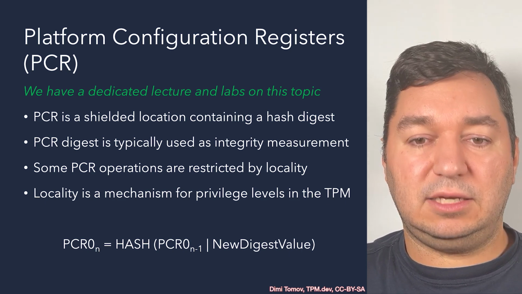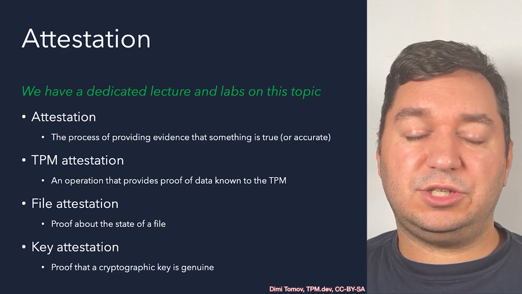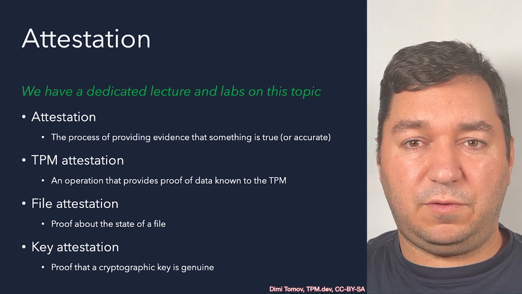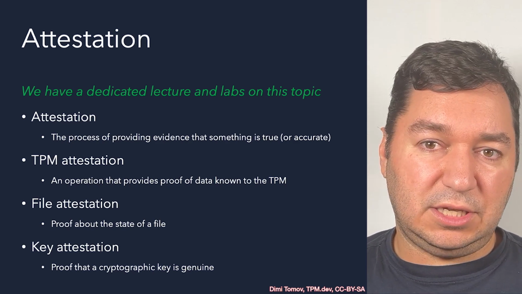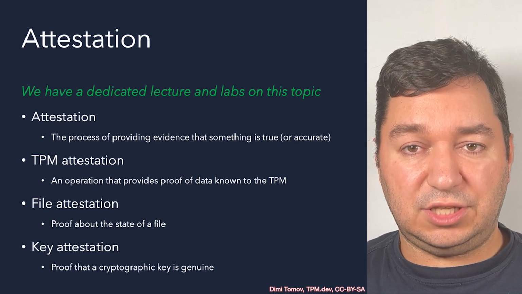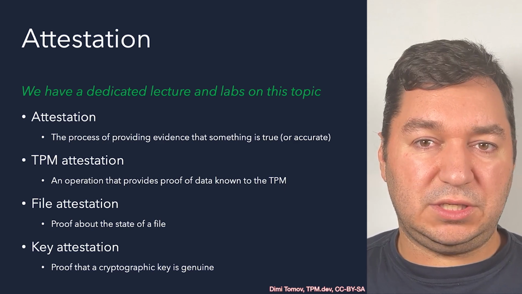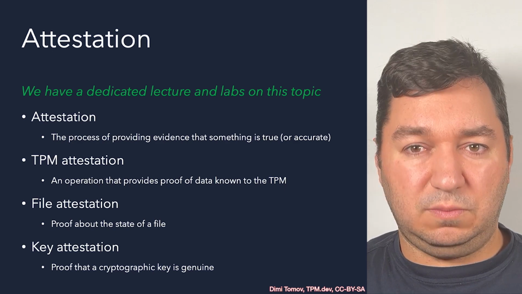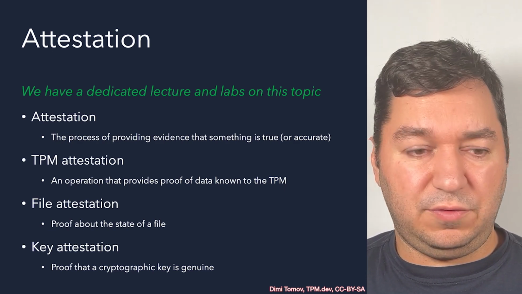Here I'm just outlining what's in store for us in this course. We'll talk about attestation in general, how it works, why it's valuable, and what the common pitfalls are. And then we'll focus on file attestation. File attestation is the generation of a hash digest over a file, and then putting that digest into a PCR. This is valuable because we know the PCR cannot be tampered with. It also inherits the previous state.